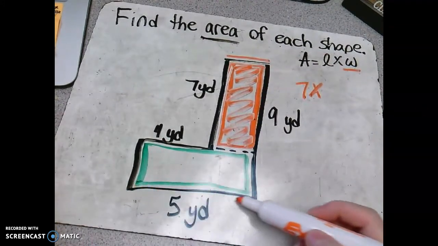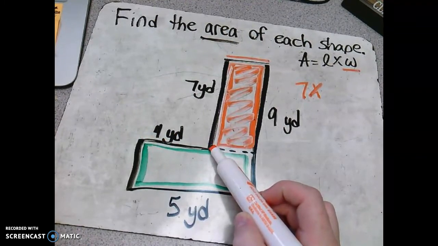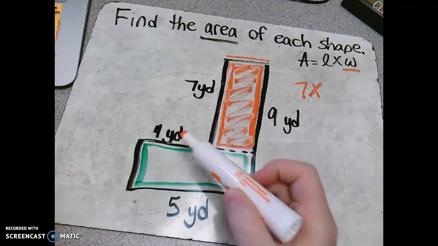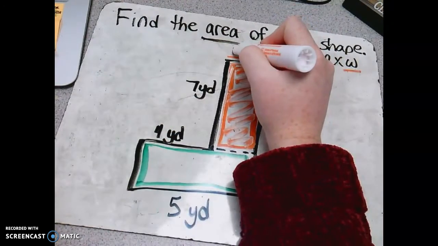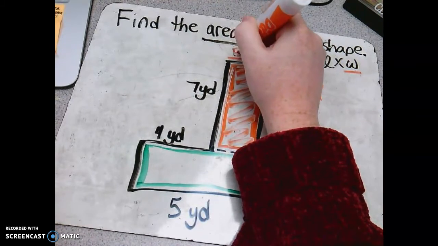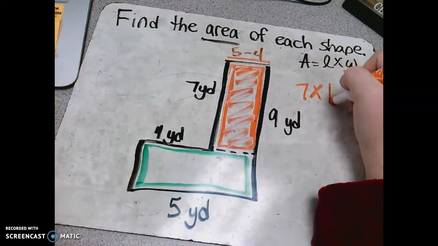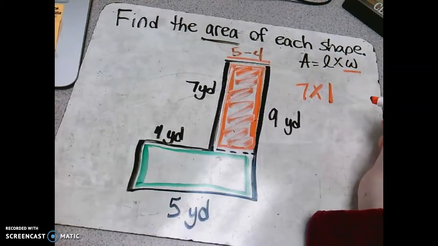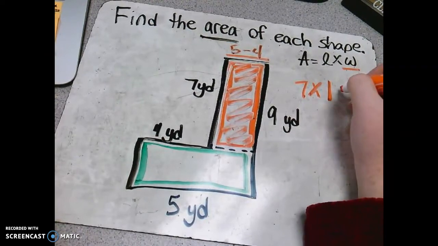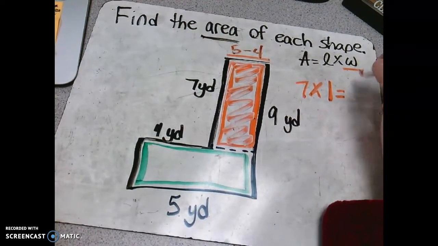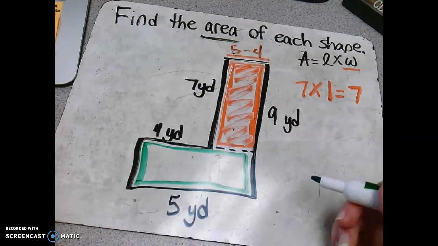If this big long side is 5 yards and this small side is 4 yards, all we need to do is 5 minus 4 to get this length right here. I'm just going to write it right here so I can see it. 5 minus 4 is 1. So for this orange rectangle, we're going to multiply 7 times 1 to get the area of it. And 7 times 1 is 7. So our orange area is 7.